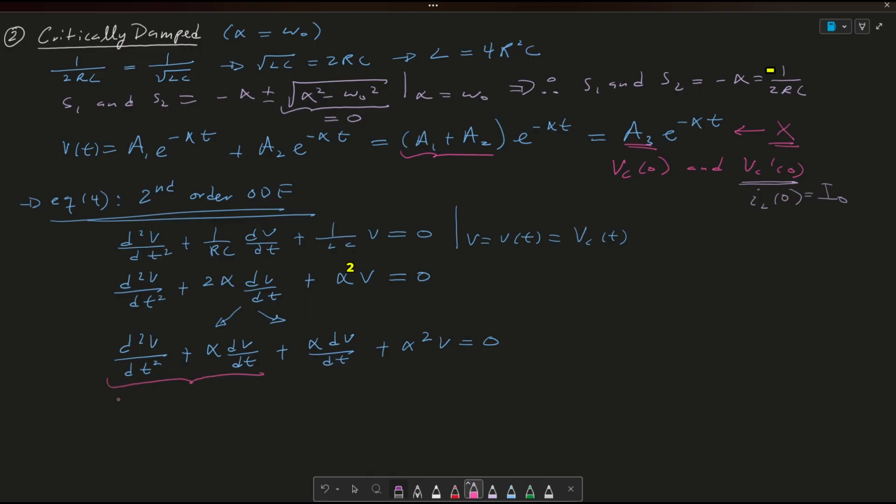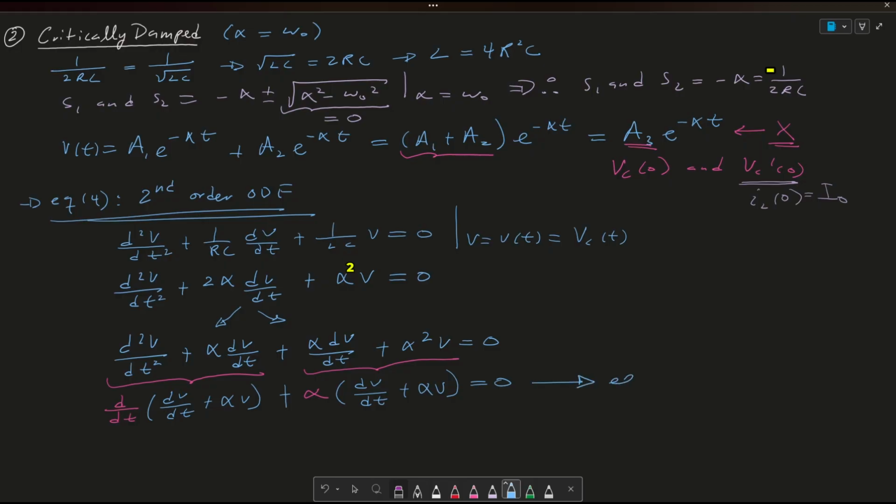In these two terms, let me pull out a d over dt, and I'm left with d over dt of dV over dt plus alpha V. In these two terms, let me pull out an alpha, and I'm left with alpha times dV over dt plus alpha V, again equated to 0.